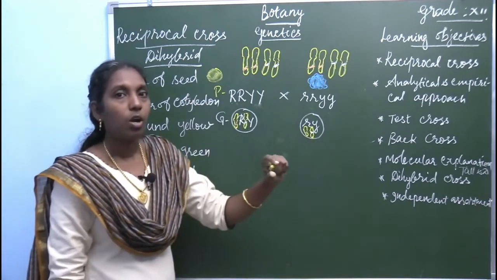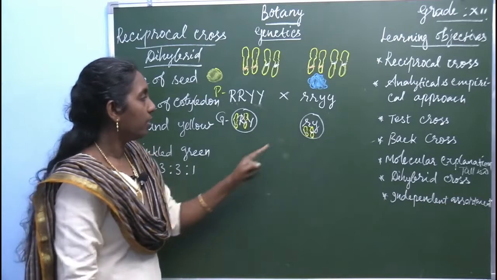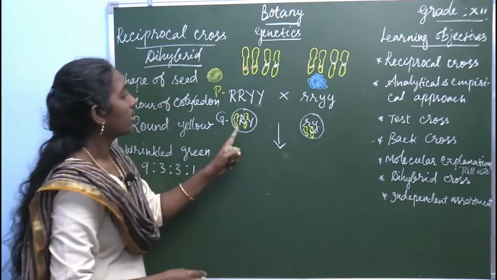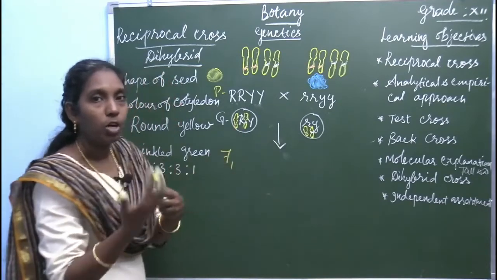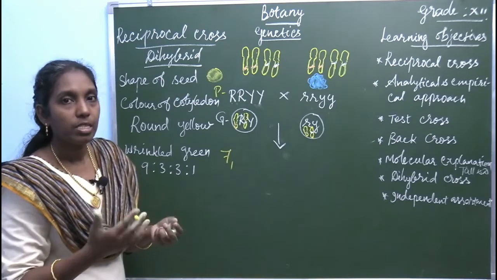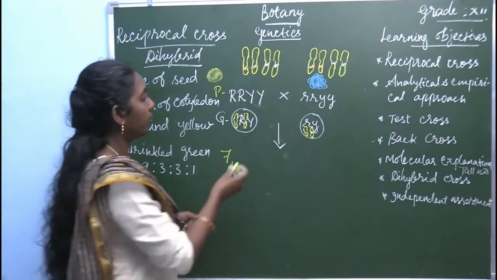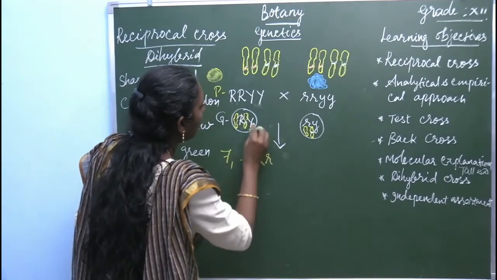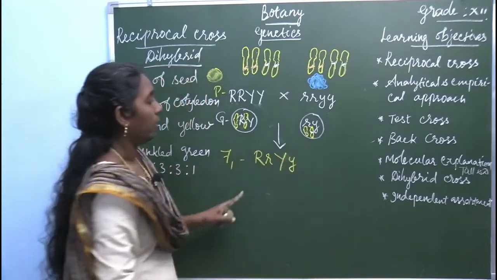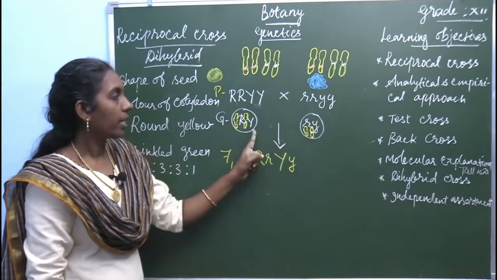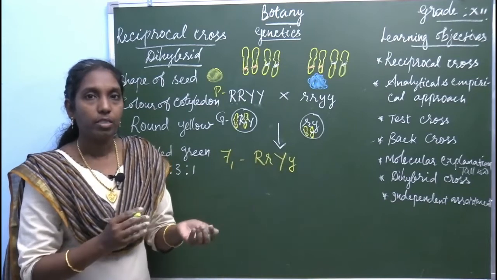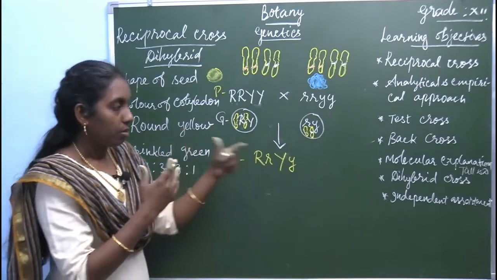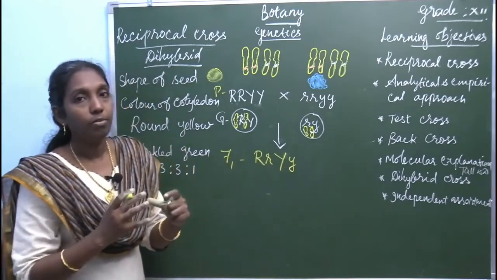When a cross is made between this round yellow and wrinkled green, in the F1 generation it produces capital R, small r, all possible combinations. The gametes are combined together and expressed in the F1 generation. In this dihybrid cross, at the time of gamete formation, it shows the law of independent assortment.